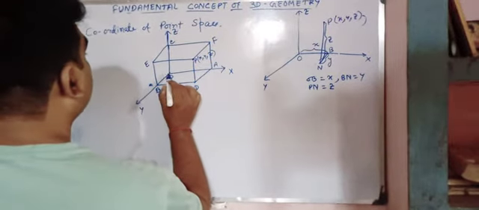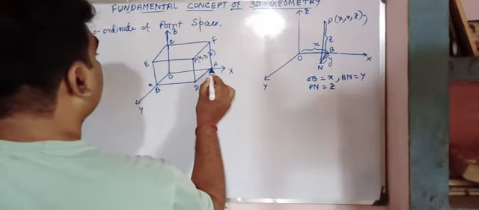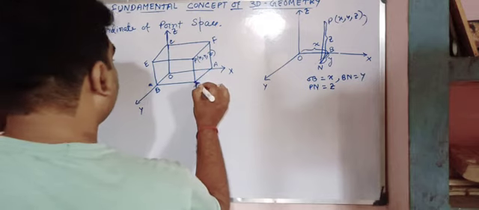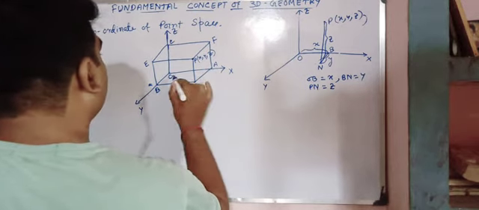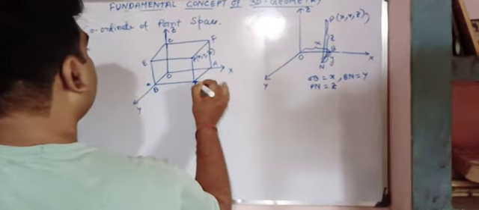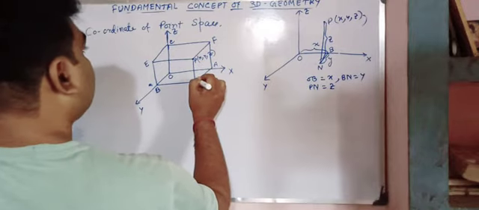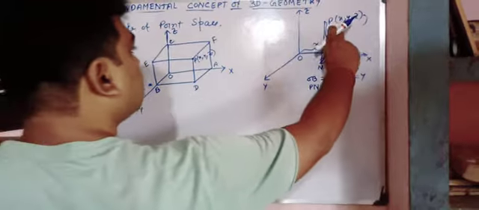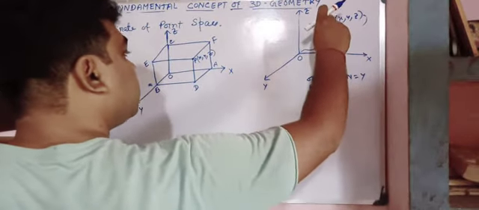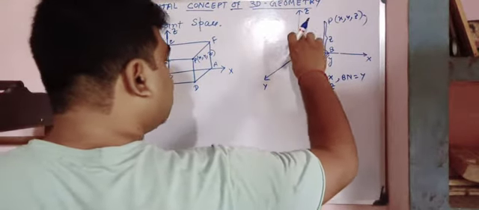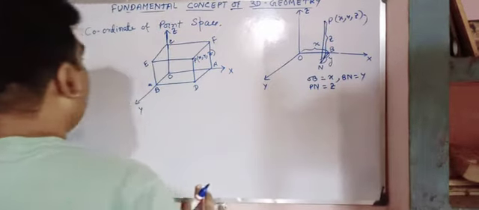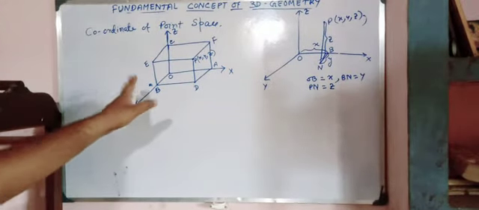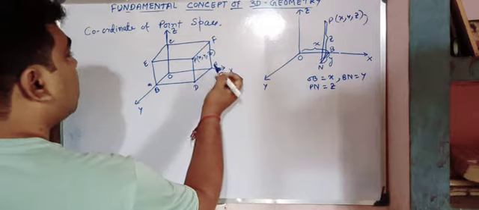How does it come? Because OA is equal to x, AD is equal to y, and DP is equal to z. As we can see, any point x comma y, z should lie in space in the three-dimensional figure like that. So this is my x comma y comma z.